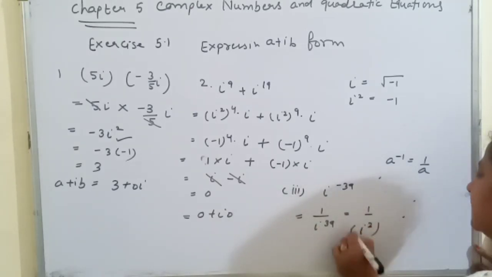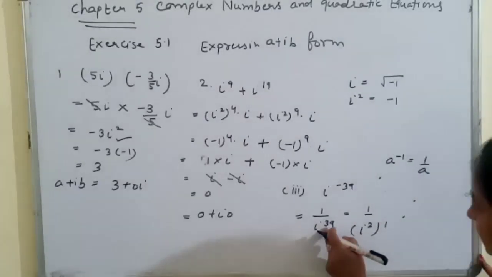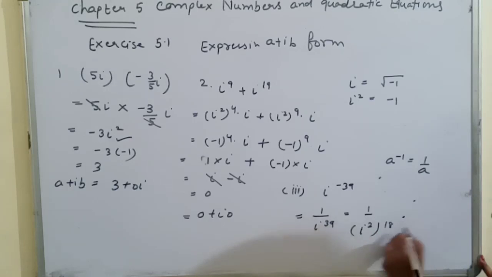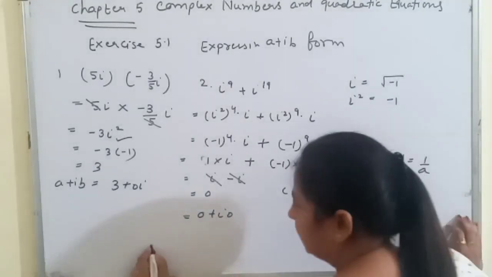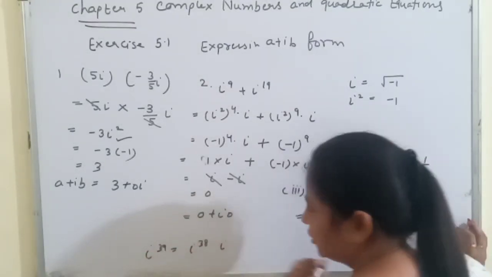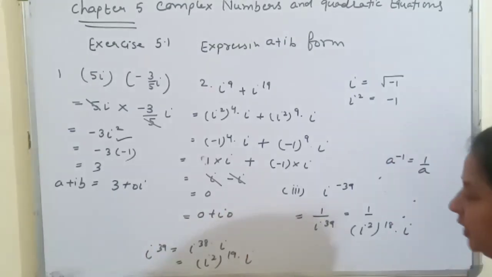Now let's see how I can split it. Iota power 39, write it in the even form. This is 38 plus 1, because we can easily divide 38 by 2. Iota square power 19, since 38 plus 1 is 39.